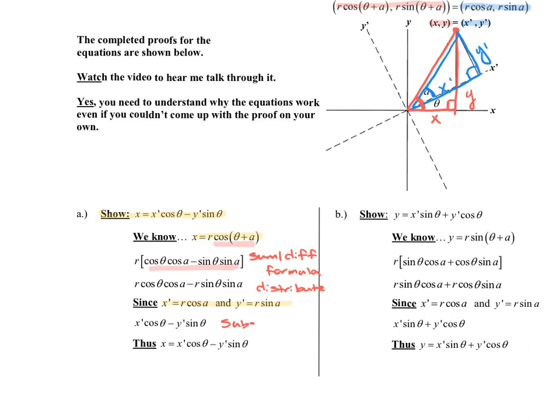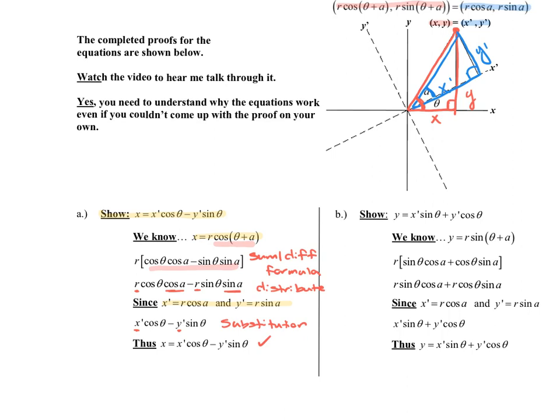If you're not seeing that substitution, what we did was take the r and the cosine a, and that became x prime, and the r and the sine a became y prime, and that cleaned up my entire equation. That was exactly where we wanted to go.